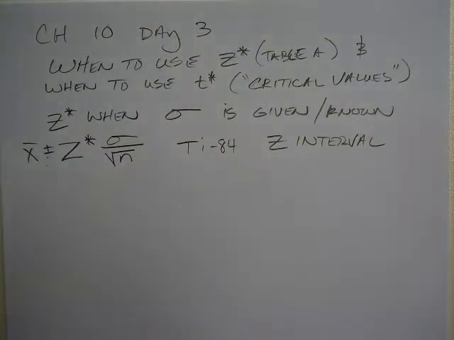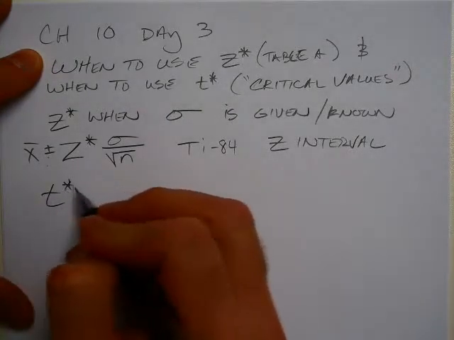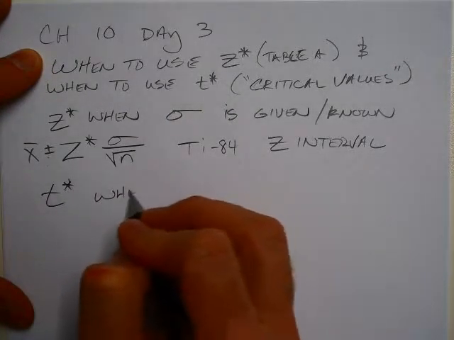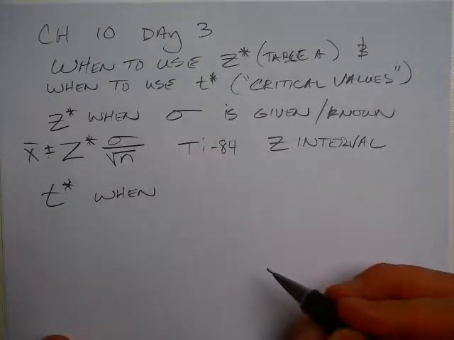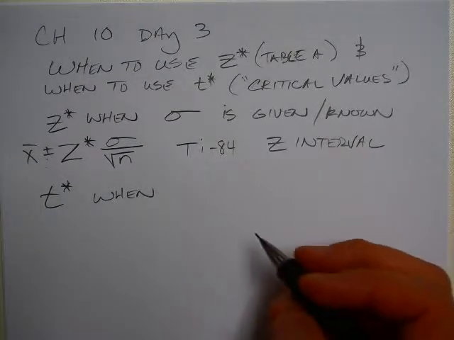All right. And how about T star? We use T star when we don't know sigma, right? When the standard deviation is calculated from the sample.